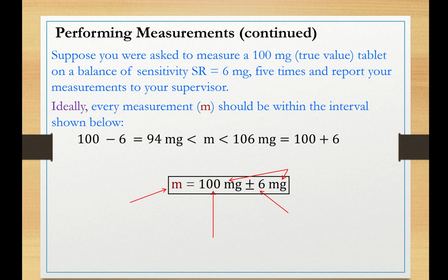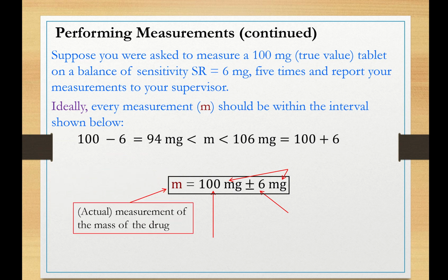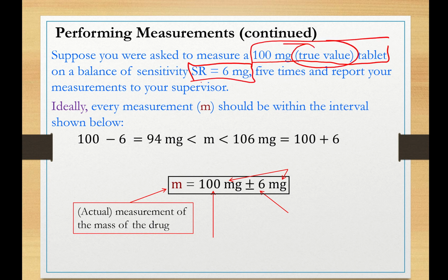So let's take a look at how we perform a measurement. Assuming that you are asked to measure a 100 milligram tablet, that's the true value here, on a balance of sensitivity 6 milligrams. Every time you measure the mass of that tablet, if you are trained well, the actual measurement should be between 94 and 106 milligrams.